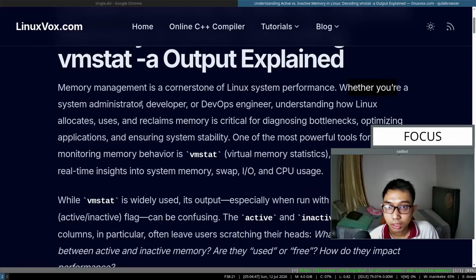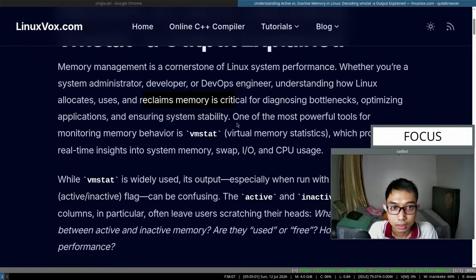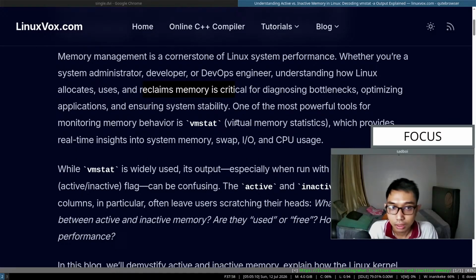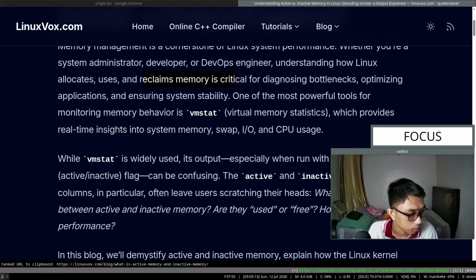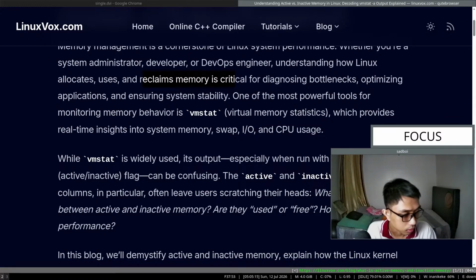Whether you are a system administrator, developer, or DevOps engineer, understanding how Linux allocates, uses, and reclaims memory is critical for diagnosing bottlenecks, optimizing applications, and ensuring system stability. Well, let me copy this to the chat, I guess, in case anyone wants to read this.